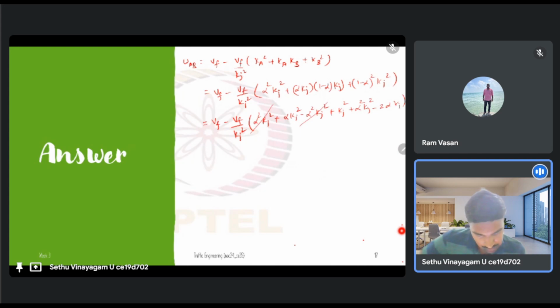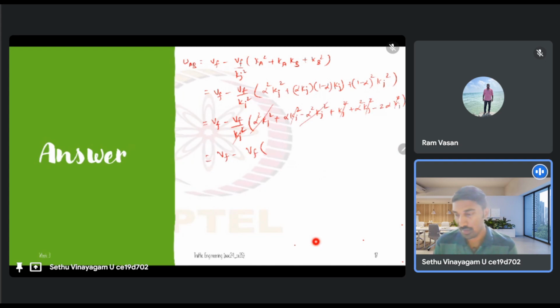So from the remaining terms, here it will be Kj squared actually. Okay, so the Kj squared in the remaining terms will get cancelled. Okay, and so minus 2 alpha and then there is a plus alpha, so it will be minus Vf times.